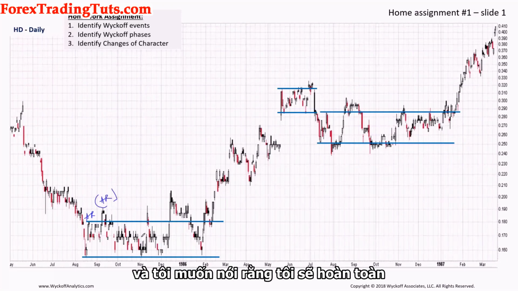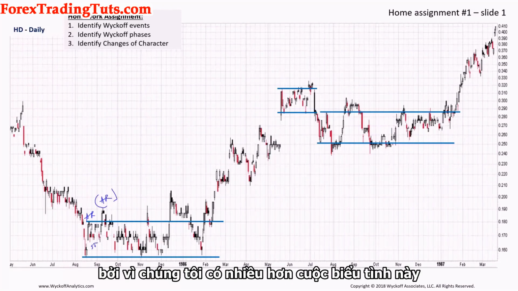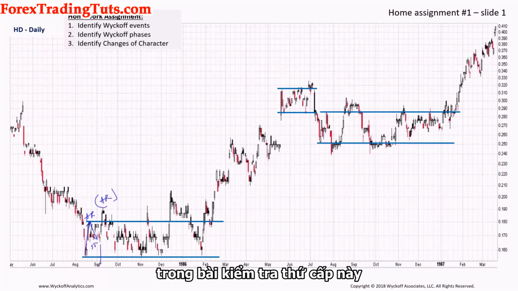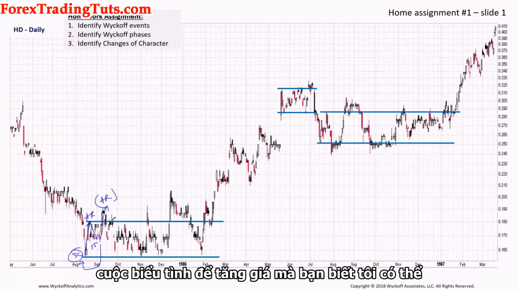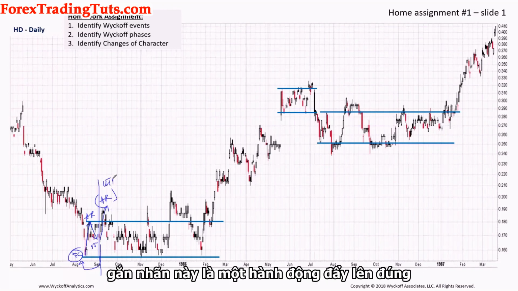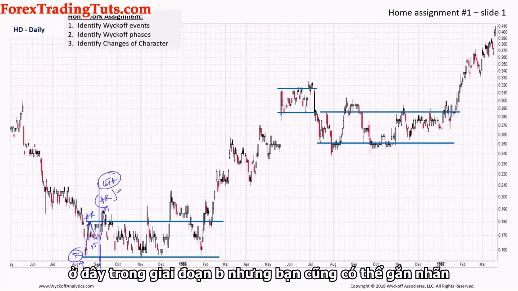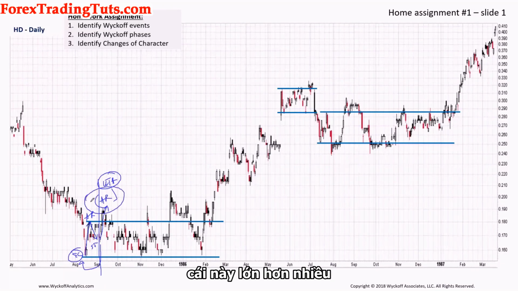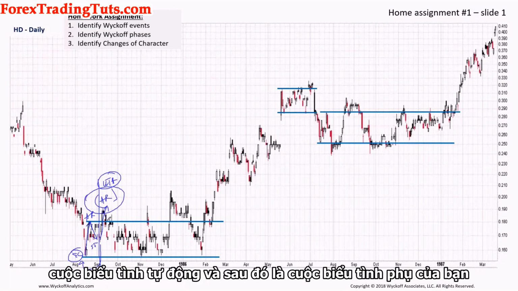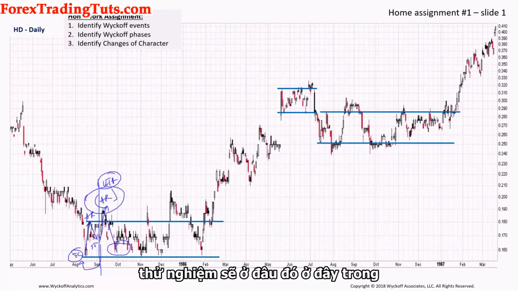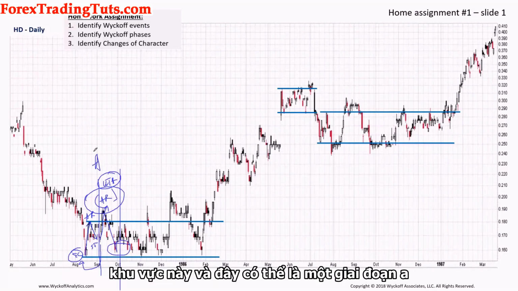I'd say that I would be totally okay with this, because we have more of this rally and this secondary test that is more of the function of the selling climax itself, and then just a continuation of this rally to the upside. I could label this as an upthrust action right here in phase B, but you could also label this as a much larger automatic rally, and then your secondary test is going to be somewhere here in this area, and this could be your phase A.